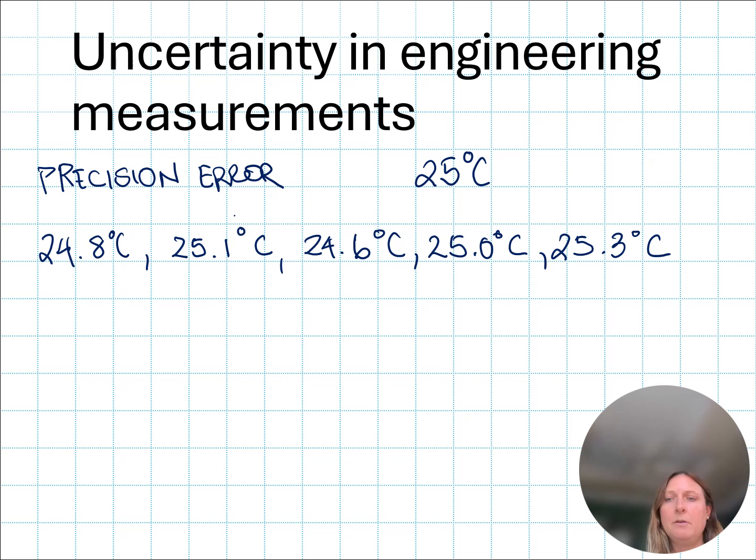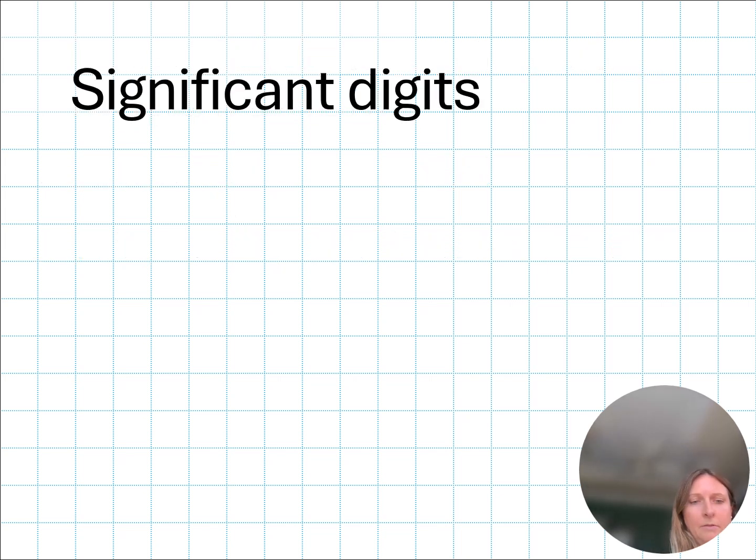So for example, even though my thermometer has given me temperature to the nearest 1/10 of a degree C, the precision of the instrument that I should report is only to the nearest 1 degree, because we have a little bit of precision variation within these repeat measures.